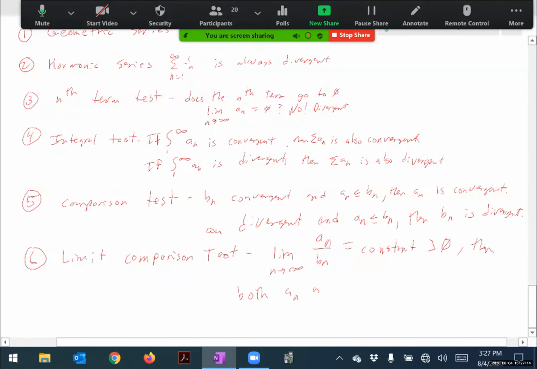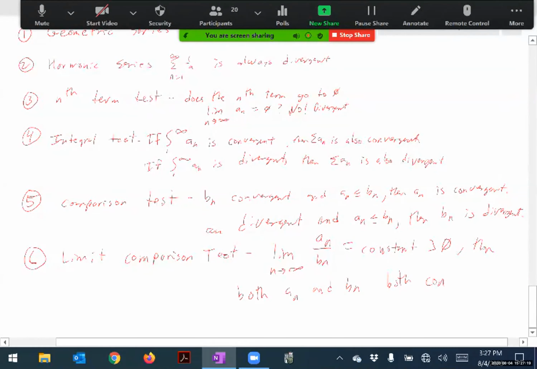Both A sub n and B sub n both converge or both diverge.